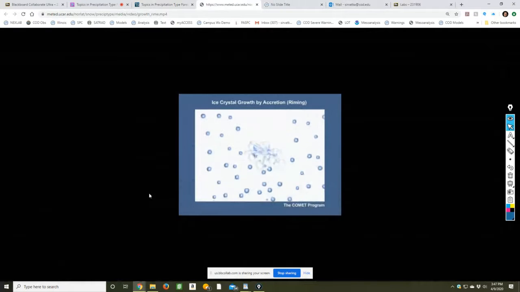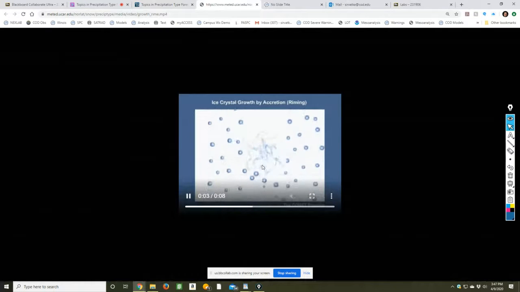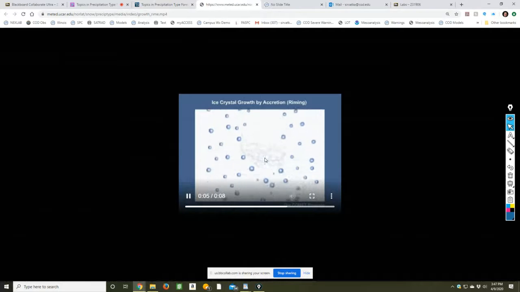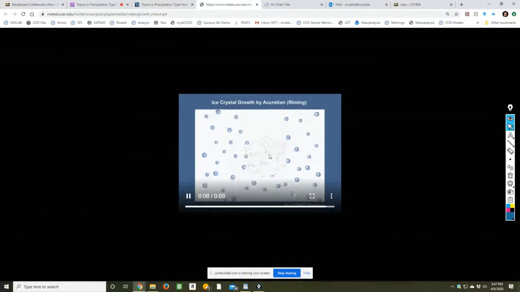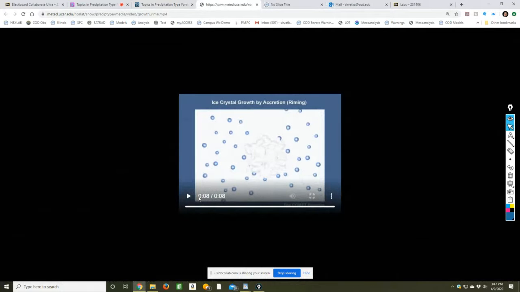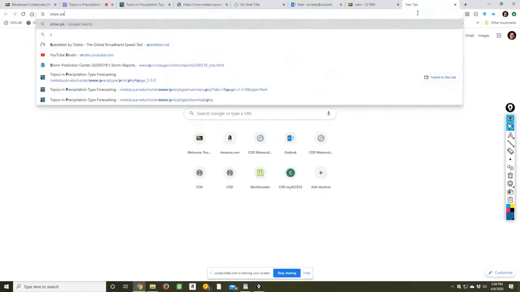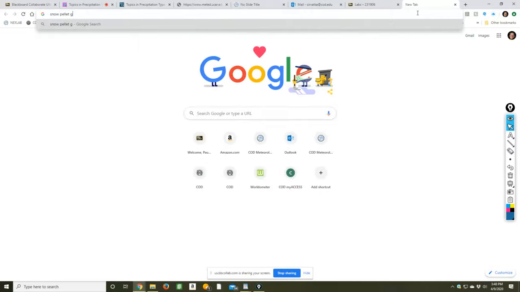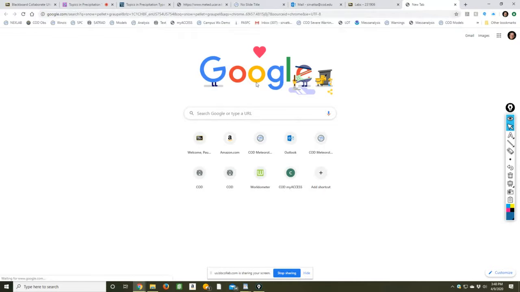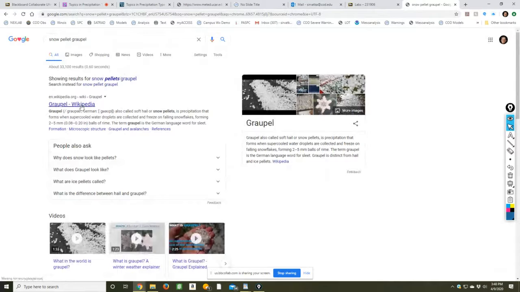These are all supercooled water droplets hitting the crystal. They freeze when they come in contact with it, and it turns into this little snow pellet. Well, you know what you call that? That snow pellet is called graupel.